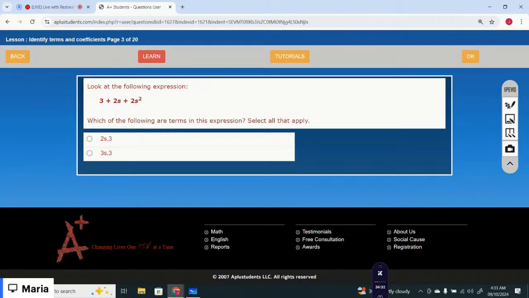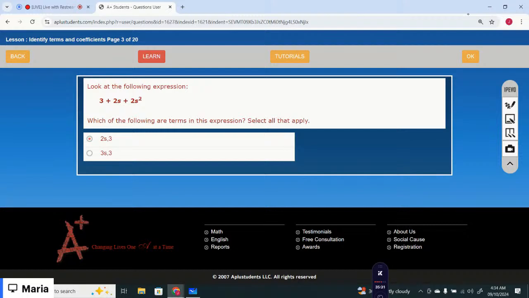They are all terms: 3, 2s and 2s square.